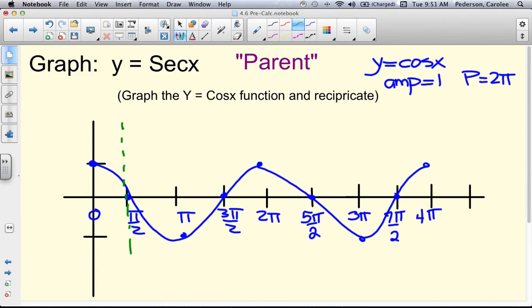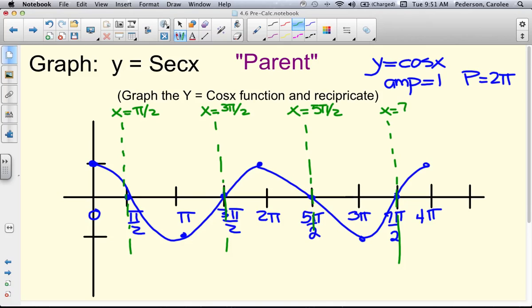So my first asymptote is at pi over 2, 3 pi over 2, 5 pi over 2, 7 pi over 2.